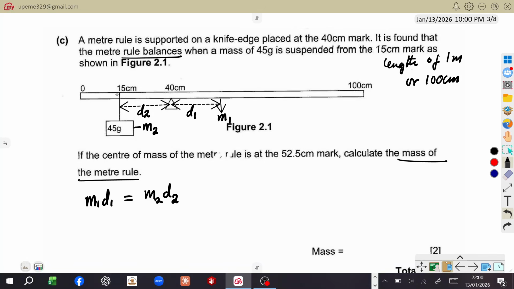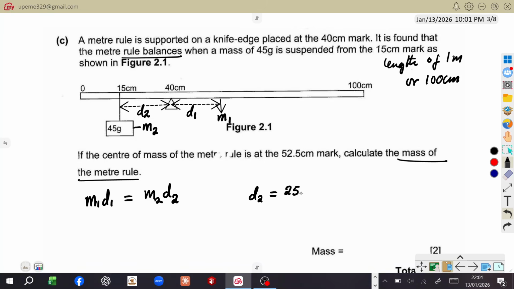It's easy, from here it's 40, from here it's 15. So what about from here to here? It's just 40 minus 15, which is going to give us what? 25, right? So here it will be 25. The space is not enough there to write, so say d2 is 25.